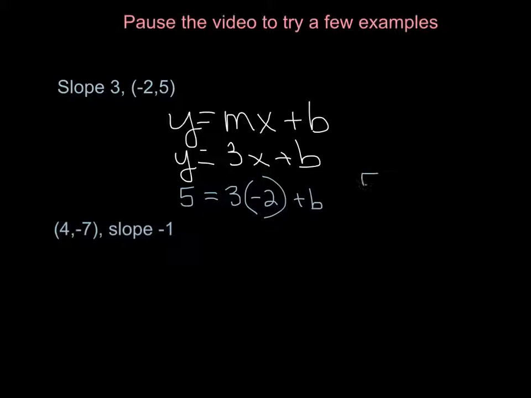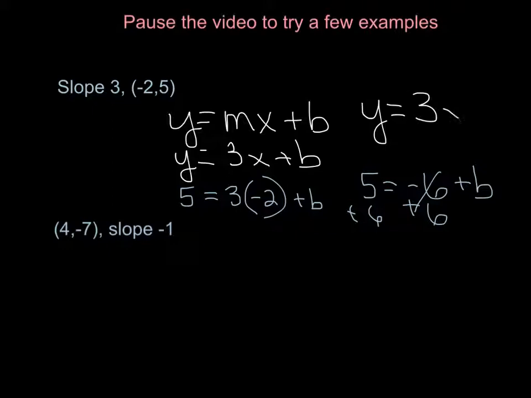So we have 5 equals -6 plus b. We add 6 and we get b is 11. So you go back up and you write your equation. y equals 3x plus 11.